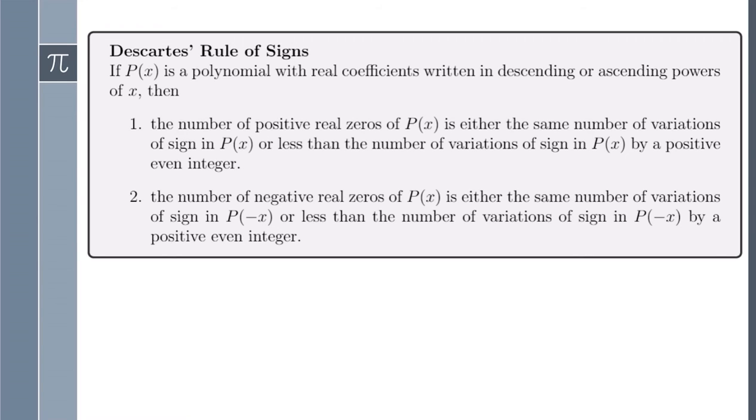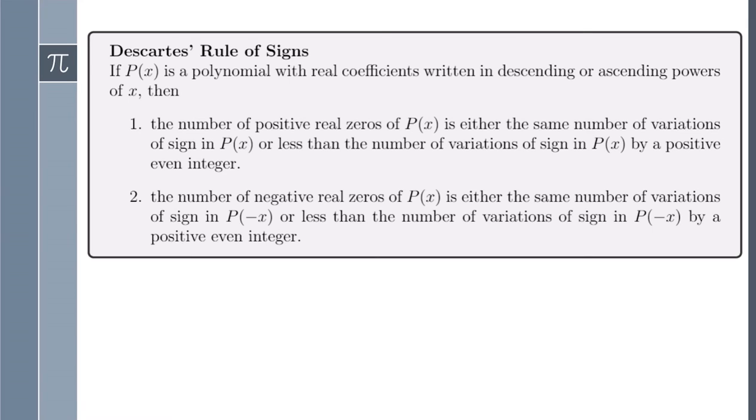So if we have a positive term and then the next term is negative, then the sign changes. That is one variation. If the sign does not change, does not go from positive to negative, then there is no variation. Okay, so whatever the number of variations we have, the number of positive zeros is either the number of variations, or we'll count down by 2.